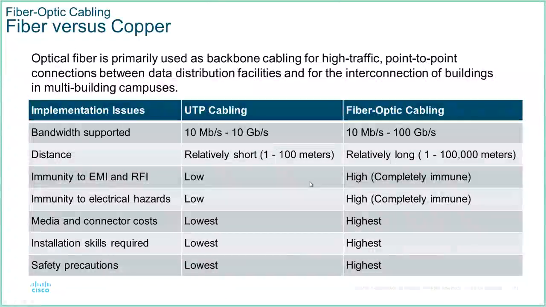The protection against outside interference is higher in fiber than it is in UTP, but that comes with a trade-off against cost of installation.